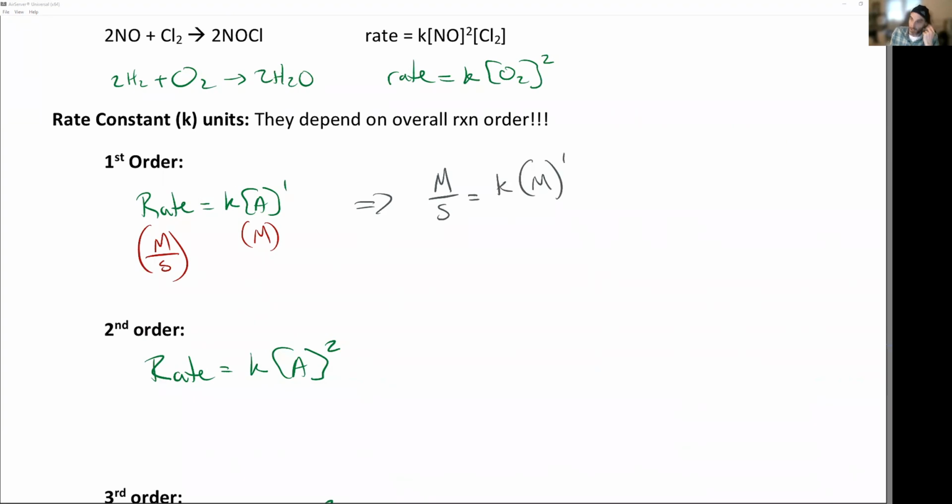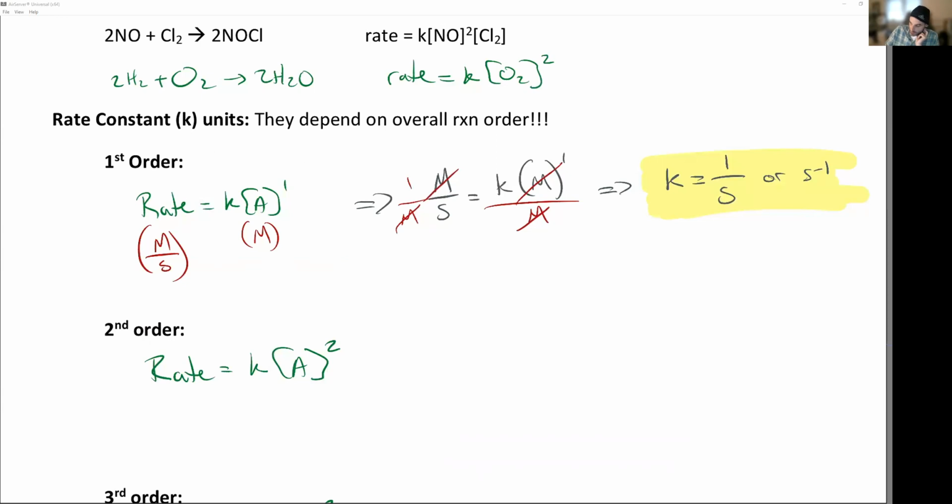How do we solve this? Well, we divide both sides by molarity. Molarity cancels, and the net result is k equals 1 over seconds. That's the final unit. Or we could also say seconds to the -1. That is also correct.